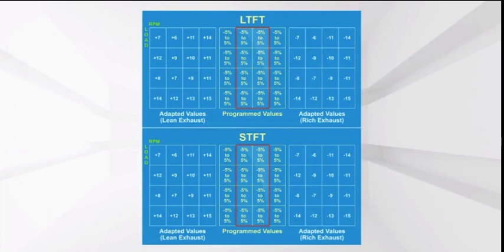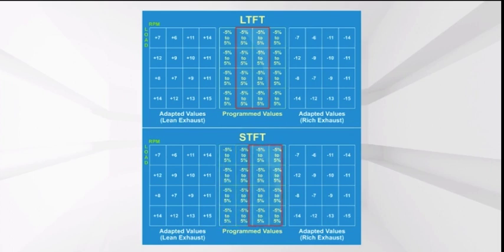With a properly functioning engine in closed loop, STFT will typically fluctuate within a narrow range of plus or minus 3%. On V-type engines, the scan tool will display fuel trim according to cylinder bank, i.e. STFT1, STFT2, LTFT1, and LTFT2. Keep in mind that the adaptive control limits for fuel trim vary among PCM manufacturers.